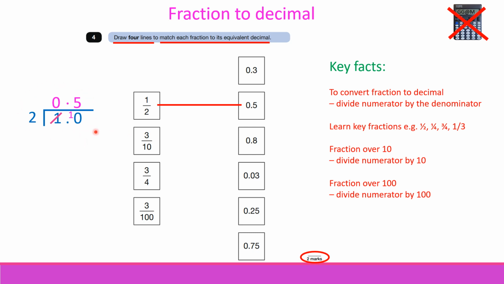The next one we're going to look at is 3 divided by 10, or 3/10. So we're going to divide 3 by 10. So my digit here is in the ones column. It's got to get one place smaller, so it's going to go behind the decimal point. So it's going to go one place to the right because I'm dividing by 10.